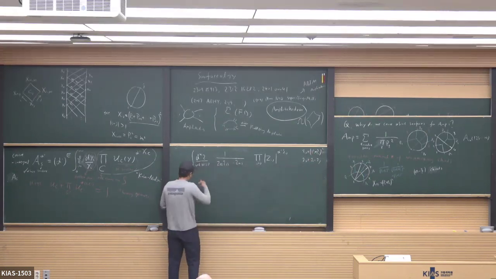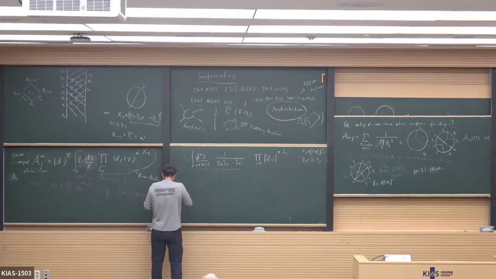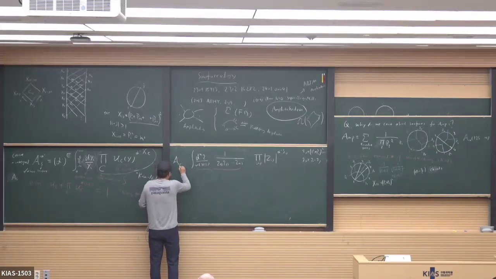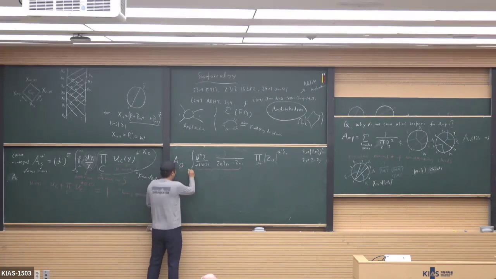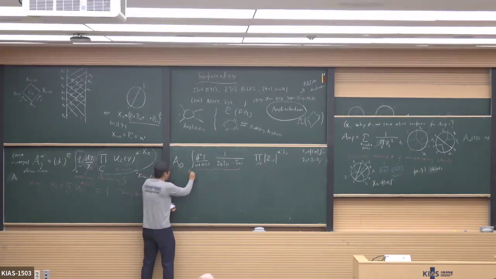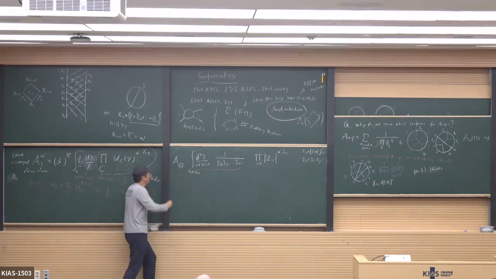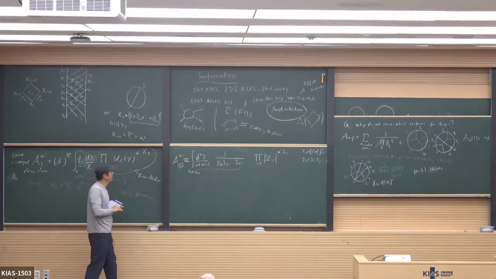I'm assuming you are familiar with the story that there is this integral at tree level. This is really a tree level string integral. The surface is really a disk with punctures Z1, Z2, and so on. And the integration domain, of course, is that all the Z's are ordered, Zi smaller than Zi plus 1. So this is a tree level alpha prime deformed amplitude.